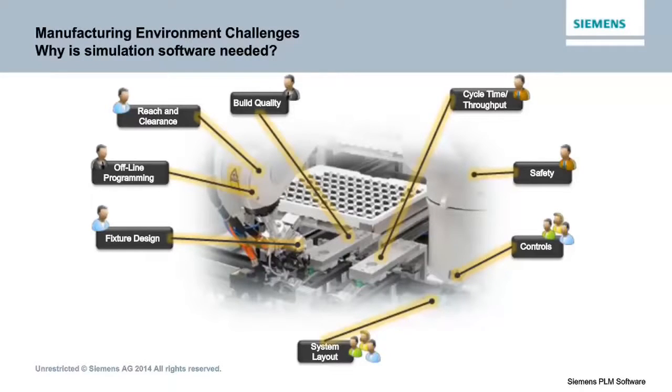Build quality, meeting the cycle time and the throughput while maintaining safety, taking care of the different controls, layouting the systems, designing the tools and the fixtures around the manufacturing station are actually challenges that these manufacturers need to face.